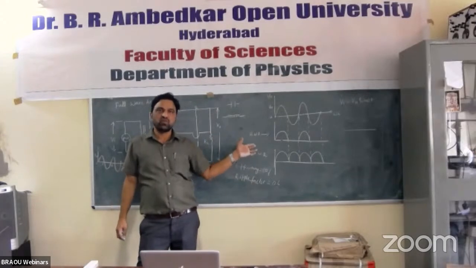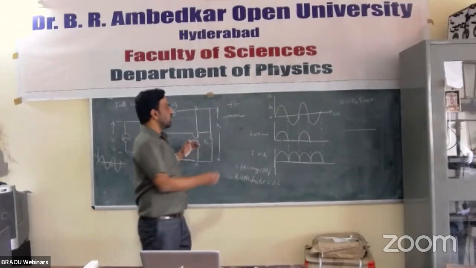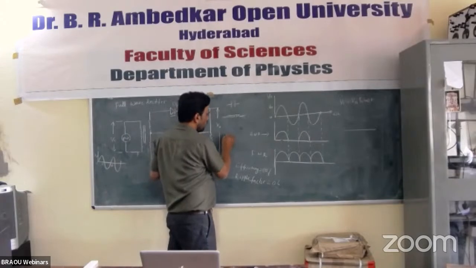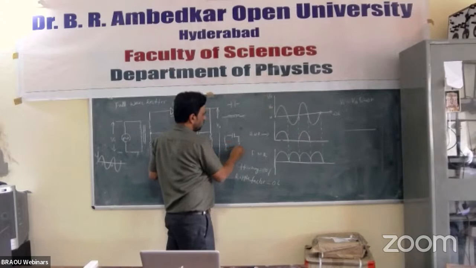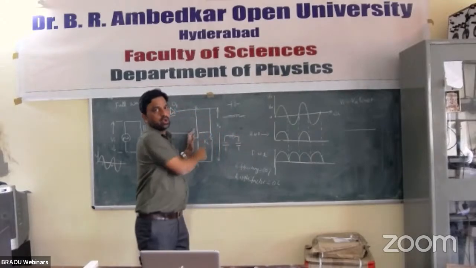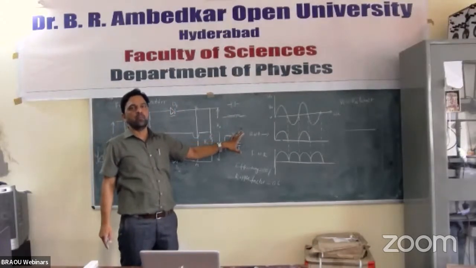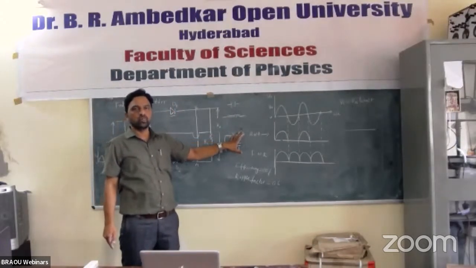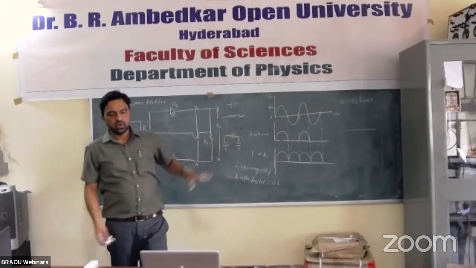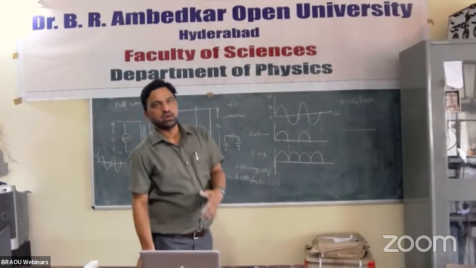And we have a pi section filter, which means you have one capacitor, another capacitor, and one inductor at the output. With the help of these filters, we can reduce the AC component in the output to 0. So this is how the filters work.